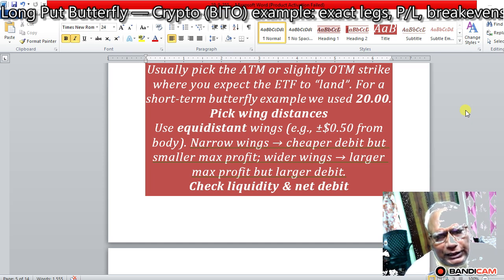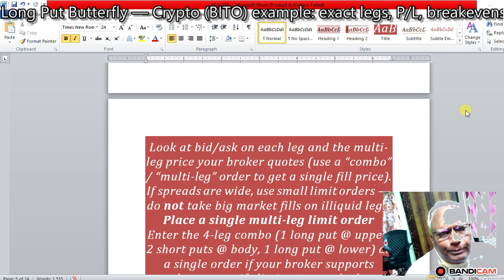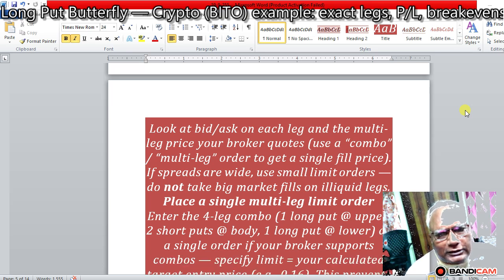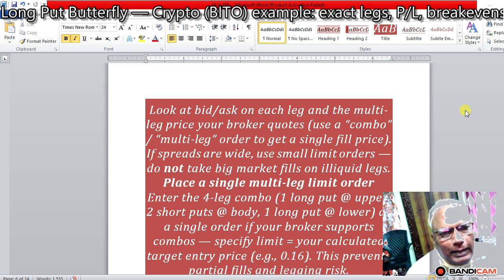Check liquidity and net debit. Look at the bid ask on each leg and the multi-leg price your broker quotes. Use a combo multi-leg order to get a single fill price. If spreads are wide, use small limit orders. Do not place single-leg orders.